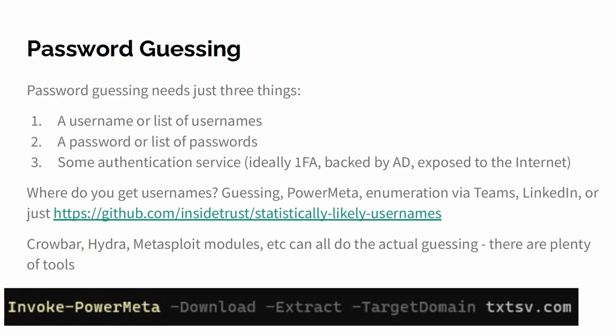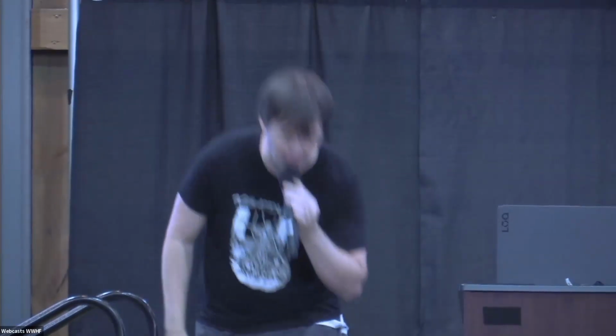I'm a huge fan of statistically likely usernames, for example. All right? Statistically likely usernames takes the names registered with US Census data, so slightly US-centric, and combines them in all of the formats. Are you first name dot last name, first initial last name, etc.? There's only so many permutations.